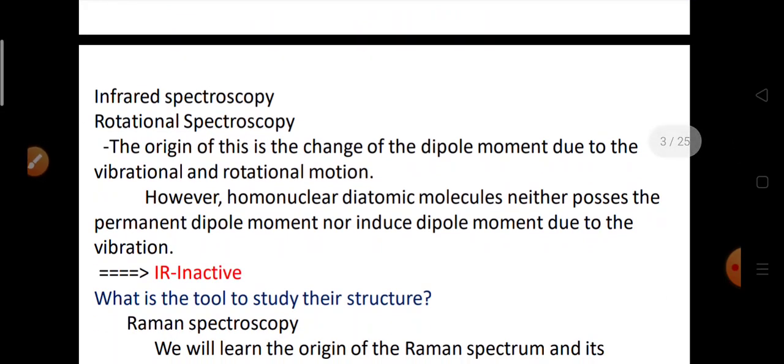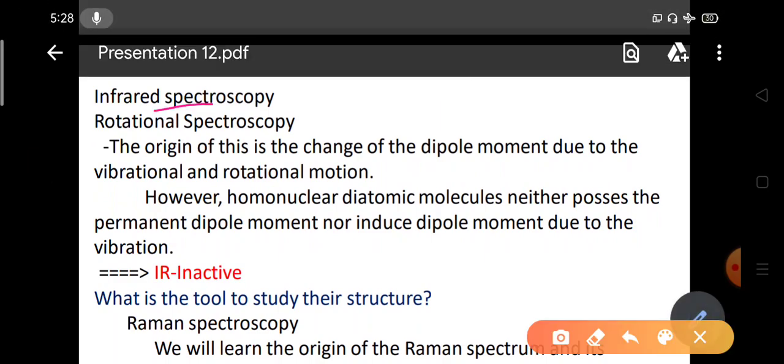The infrared spectroscopy or rotational spectroscopy I have already finished, and you all know that the origin of infrared spectroscopy or rotational spectroscopy is the change in dipole moment. The change of dipole moment due to the permanent dipole, or it can be due to the induced dipole, but it is necessary.